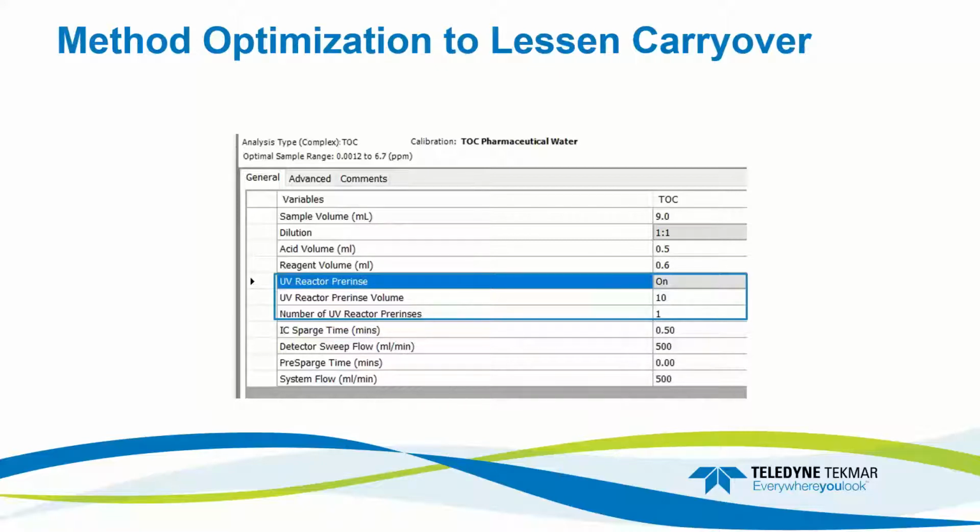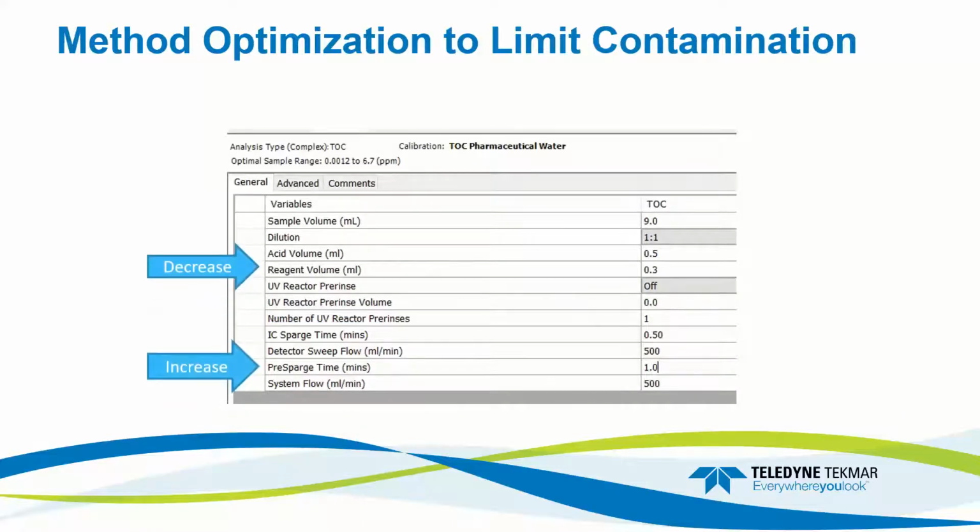When we go to the Advanced tab, there's actually a couple more parameters that we can look at or possibly change. Increase needle rinse volume. One thing I generally recommend is that the needle rinse water is the same amount as the method volume. So for this, we also want to do 9 mils.